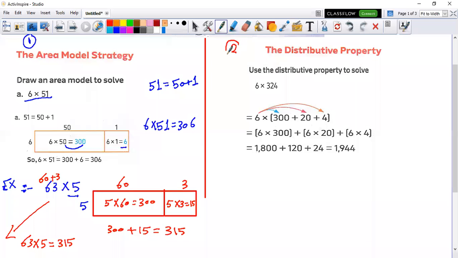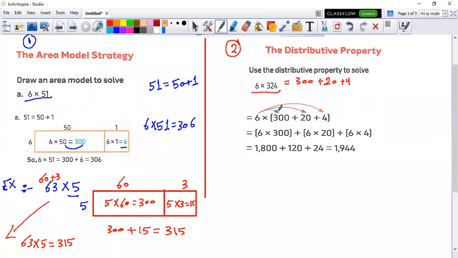The second, the distributive property. For example, 6 times 324. In this case, also put the biggest number in expanded form. 324 equals 300 plus 20 plus 4.